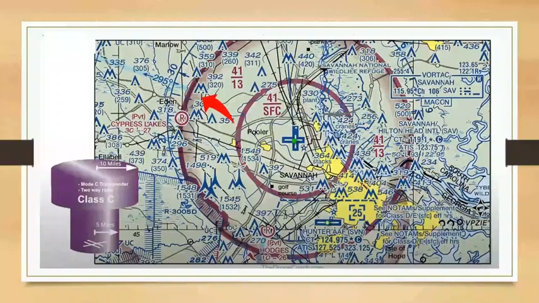Now, that is Class E airspace. And again, we'll talk a little bit more about Class E airspace, but I wanted to point out that shaded magenta means that directly underneath that area is Class E airspace.